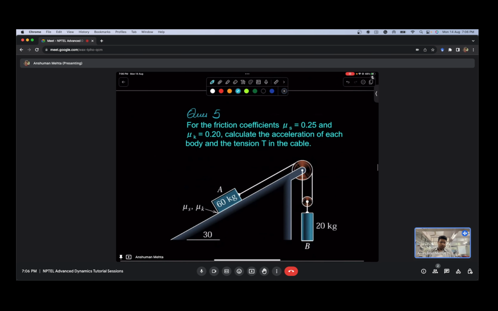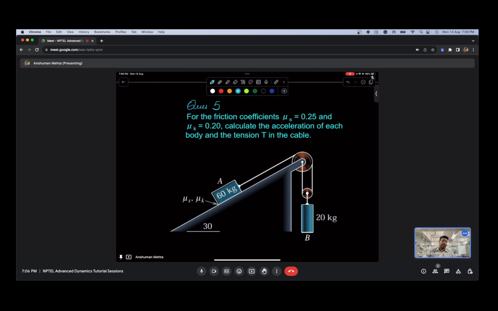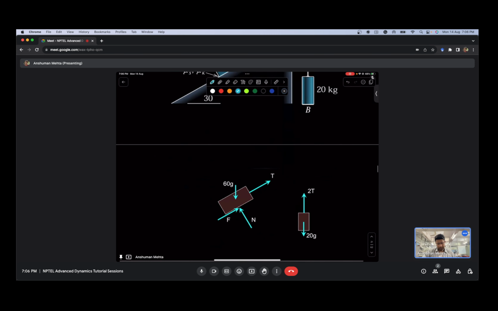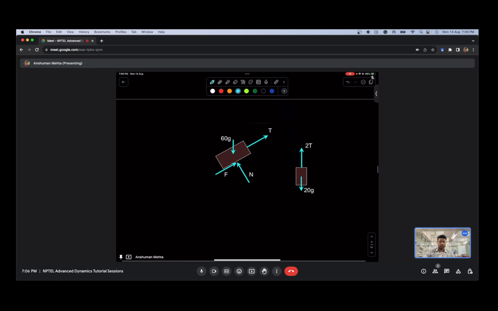Now here we have two blocks, and for the friction coefficients mu s equal to 0.25 and mu k equal to 0.20, we have to calculate the acceleration of each body and the tension T in the cable. So again, drawing the FBD.